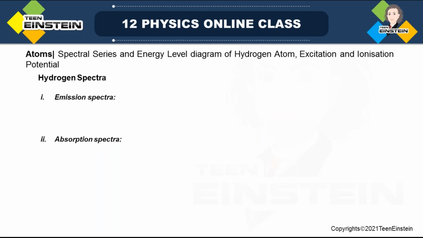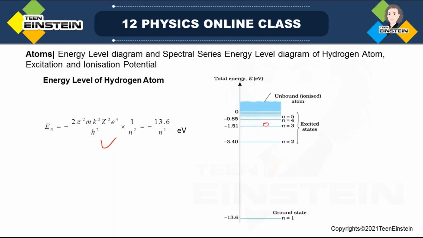Now we'll see, as I have explained over here, and also from Bohr's frequency condition we have learned that when an electron makes a transition, only at that time will it either absorb or emit energy.